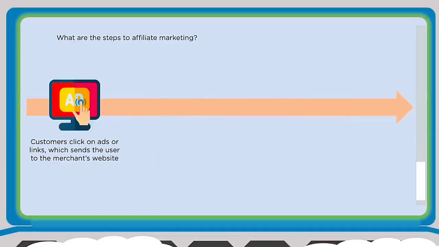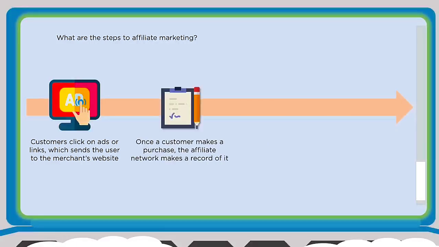So it's simple. A customer clicks on an ad or link on that affiliate website, and they go to your website and perform an action. That could be a purchase, a registration, a subscription, a download, an email sign up. You determine that. And the great thing is these affiliate networks, the CJs, Commission Junctions of the world, will record everything.